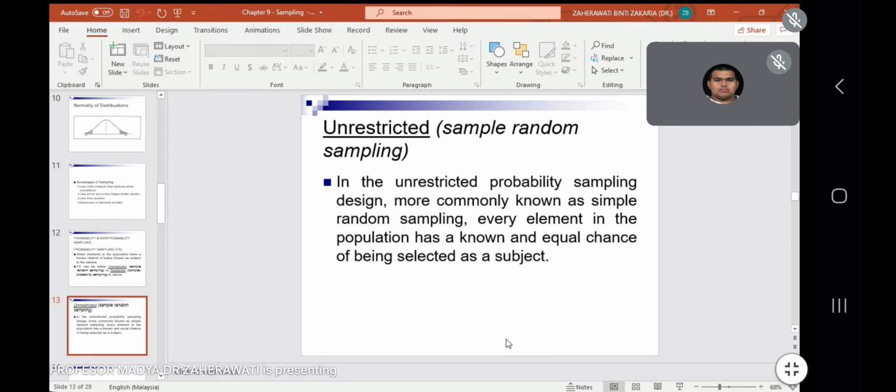How many consumers consume cosmetic products in Sungai Petani? We want to know the population, but we do not have this. Even DOSM cannot produce this. Let's say they do have it, but it was not the latest. So you cannot use simple random sampling.